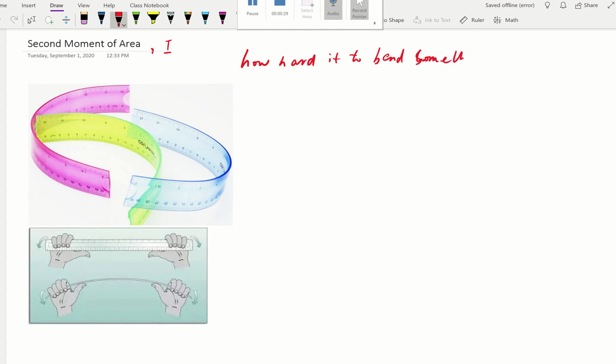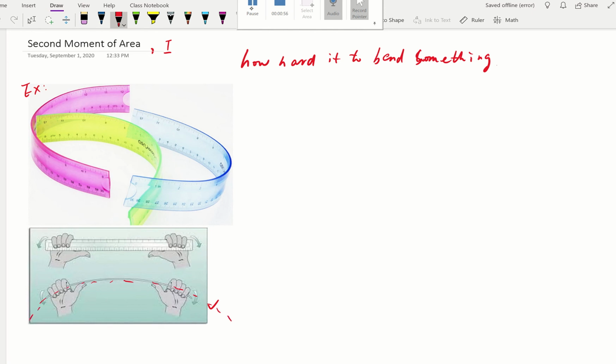Now let's look at a simple example. You have this ruler, and you realize it's very easy to bend along this direction, right? What's your bending axis? If I were to draw it, you have this thin thickness here, so that's your bending axis. You're bending around this axis.